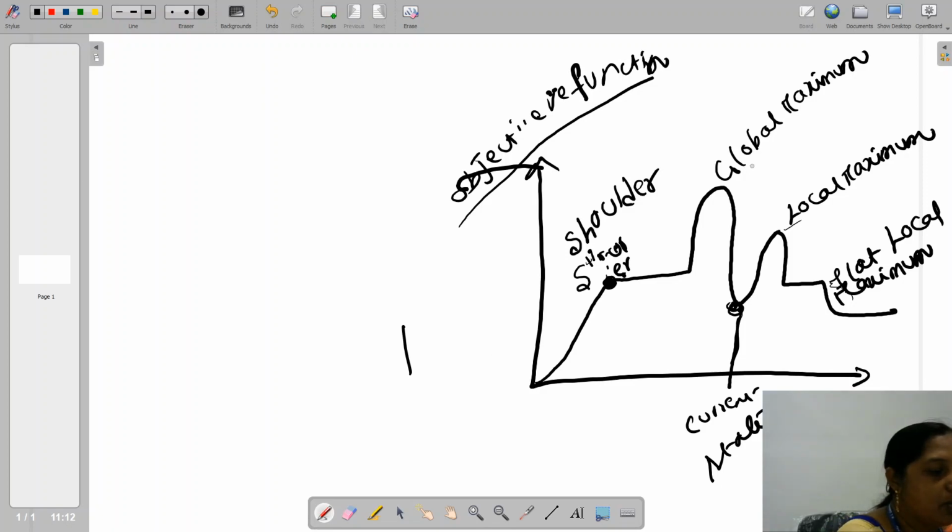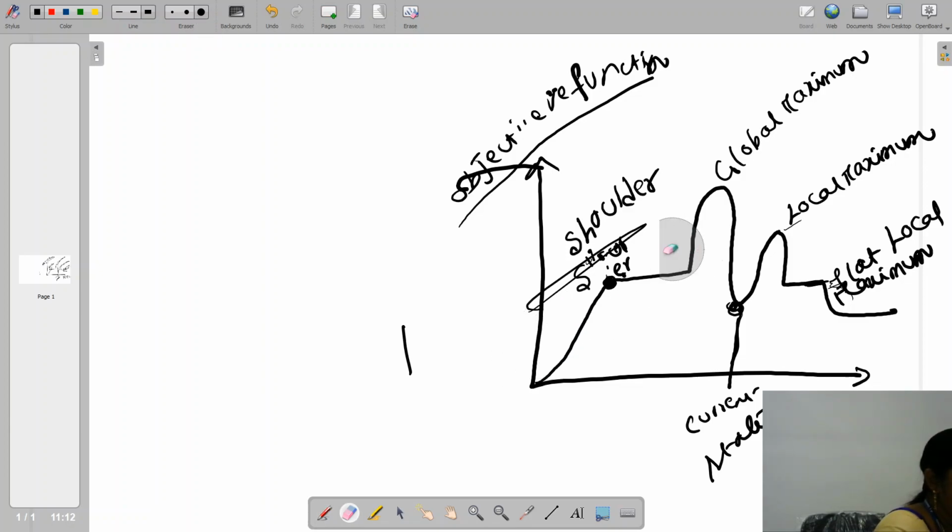This is the global maximum, the highest peak of the mountain. This is a local maximum, the highest nearby but not higher than the global maximum. And this is the flat local maximum. If you are clear about this terminology, then we can clearly understand the algorithm.